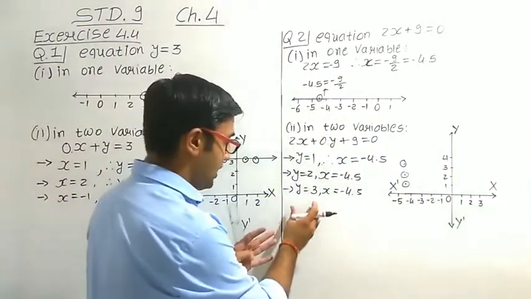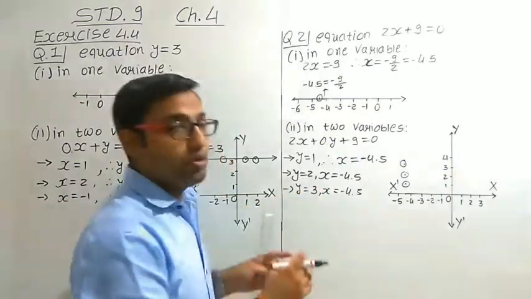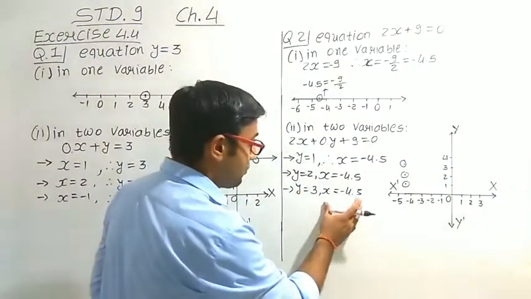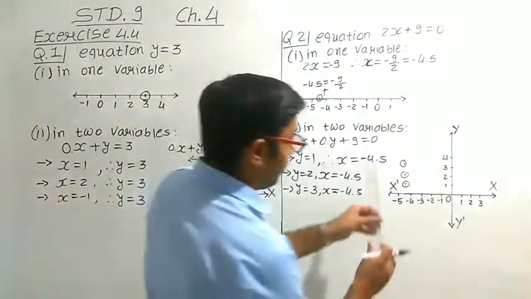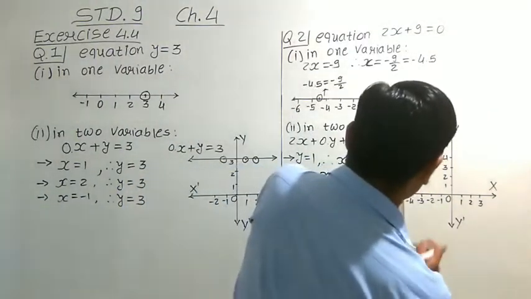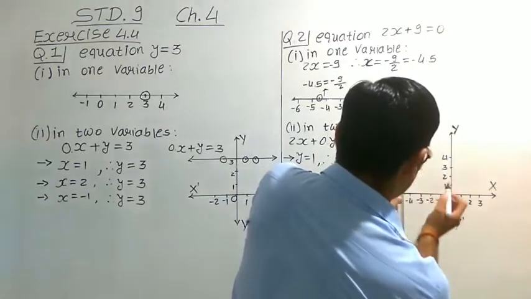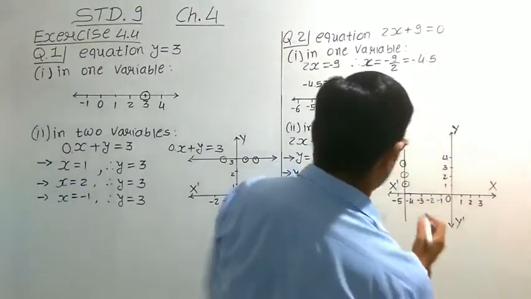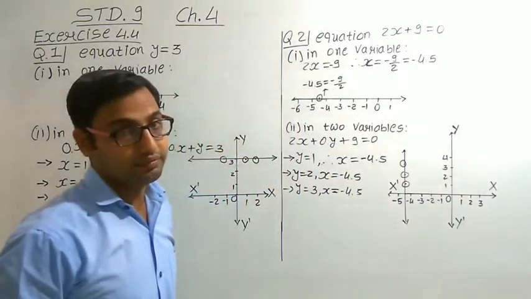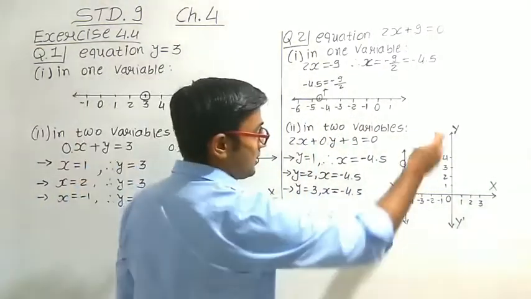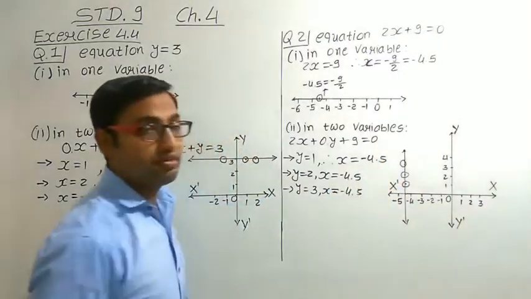Now you can understand, even as we take the negative values of y also, the x we get is equal to minus 4.5 itself. So when we join all the 3 points, what do we get here? We get a line, and you can see that it is parallel to the y-axis.